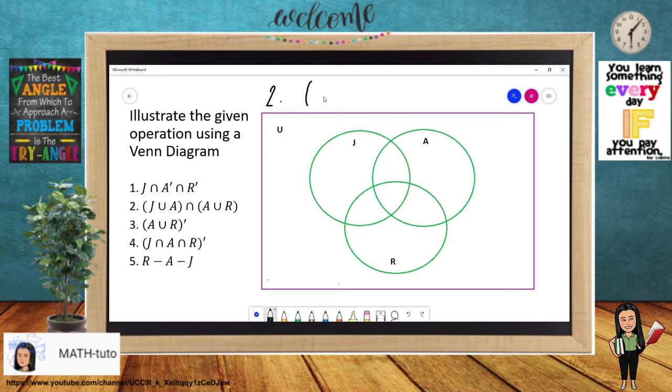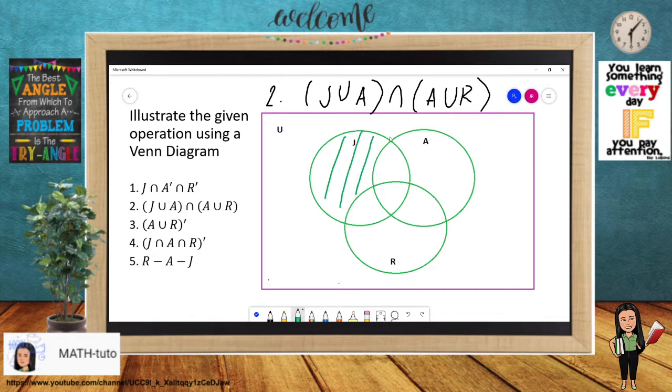Next, number 2. We have the union of J and A intersection with the union of A and R. Okay. So, JA union, ito yan.